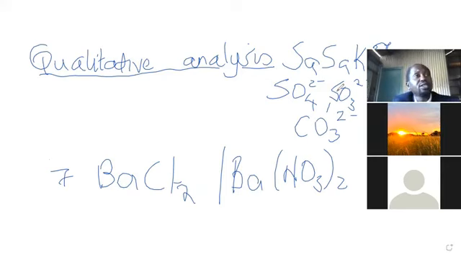So hydrochloric acid or nitric 5 acid can now be used to distinguish between sulfite and carbonate, and sulfate. That is after performing the test of barium chloride.